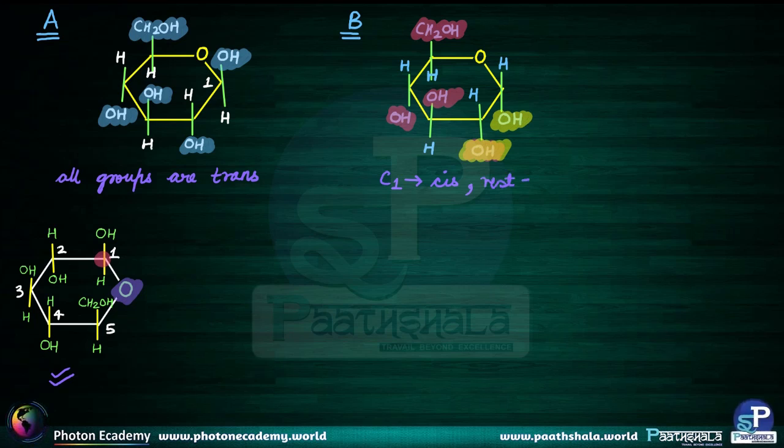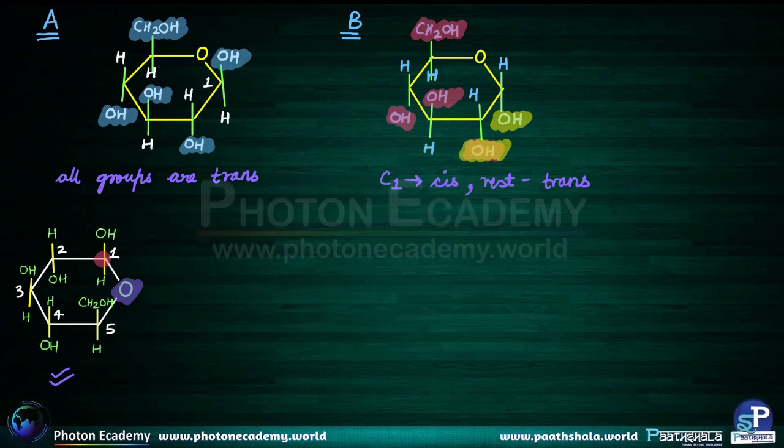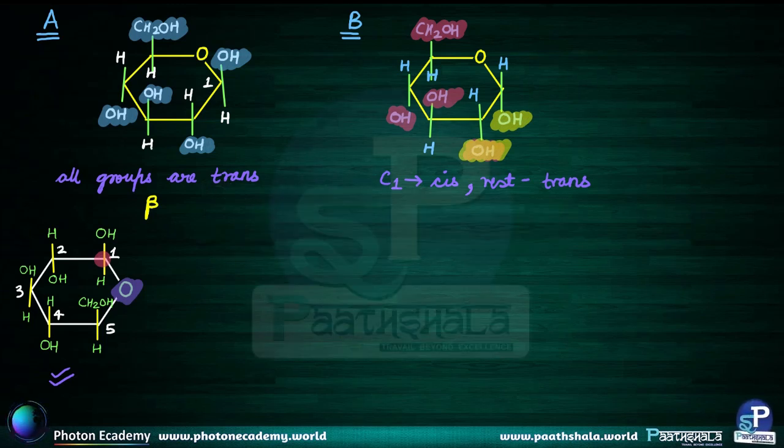This is the differentiating thing between these two A and B structures. Now what does that lead me to? I can now name them. Where all the groups are trans, I call it the beta, and where all the groups are trans, leaving only the C1 atom as cis, I call this alpha form. So now I have got this as beta form and this as alpha form.